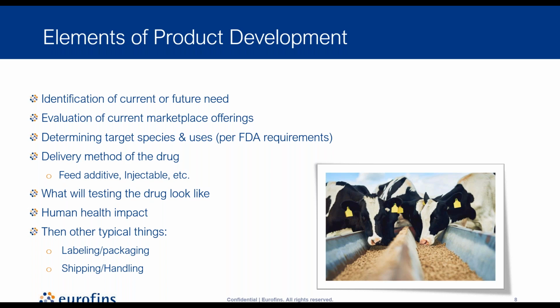Manufacturers should also know what their target species are, as well as the intended use of the drug that they are going to be manufacturing. Drugs can be multifunctional across different species, and this is where we get into major species, major uses, minor species, and minor uses with the FDA.